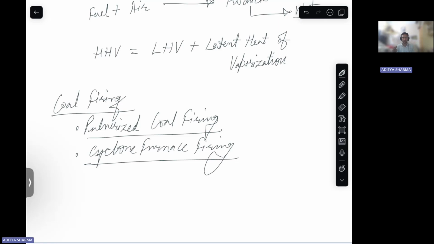We do that by some device that centrifuges the fuel coal for better mixing, and the system in which we do this is known as a cyclone furnace. So this is cyclone furnace firing.